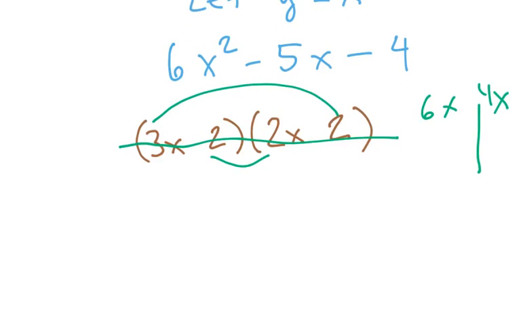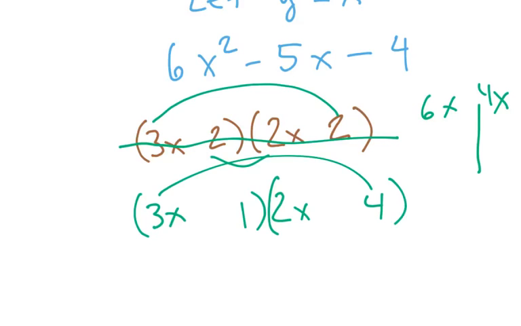And here, again, I can switch it, but since the numbers are 2 and 2, it doesn't matter. So we'll just go 3x and 2x. The only other way to get to 4 is 1 and 4. This is going to give me 12 and 2. And I'm not going to get 5, so I'm going to keep going.